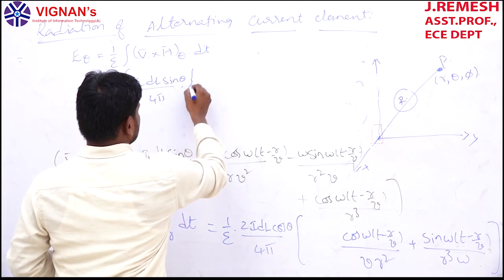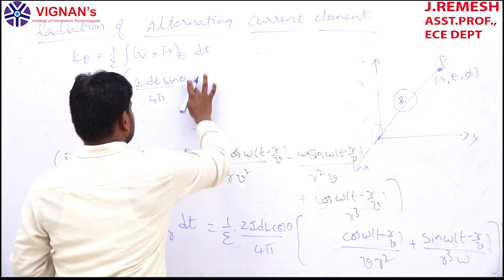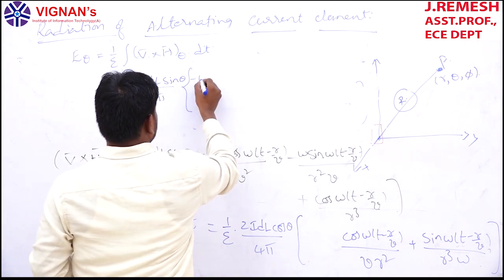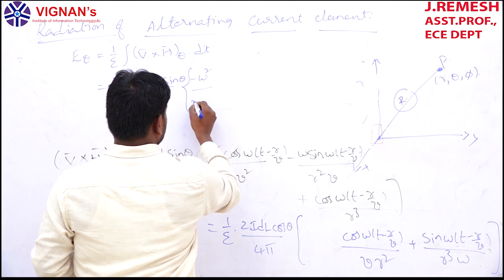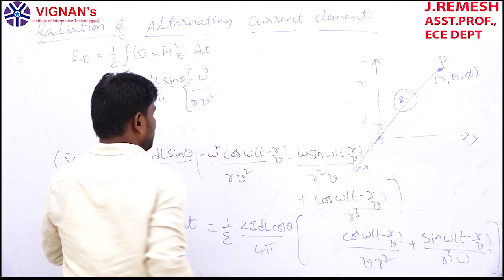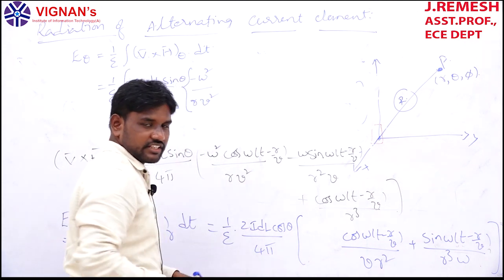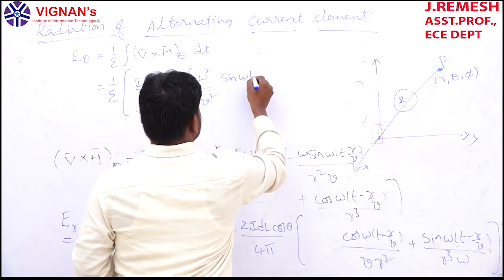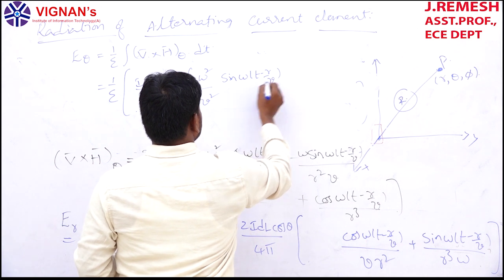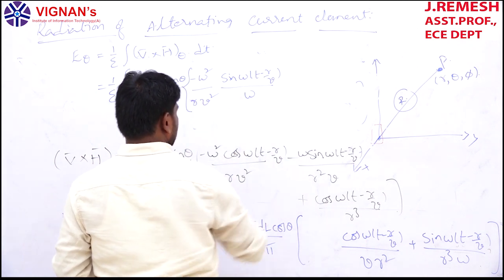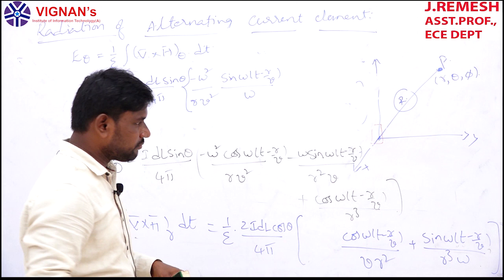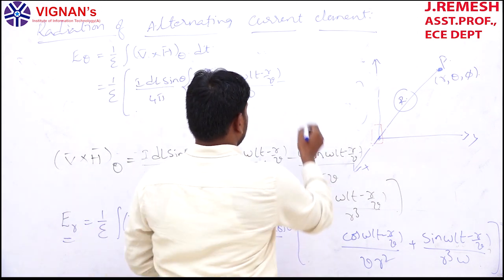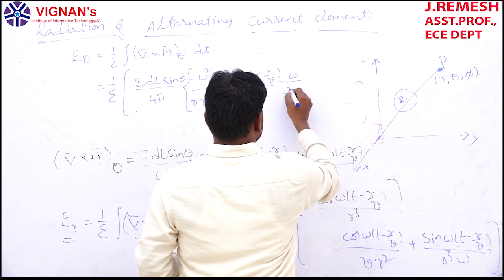So how we are going to take the integration for the first element is, again minus omega square by r v square, and after that the integration of cos omega t is simply sin omega into t minus r by v, divided by omega with respect to t, that's why omega, a constant, will come. And after that, here minus omega by r square into V.